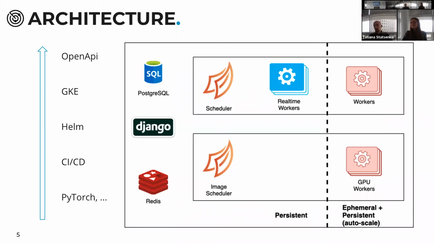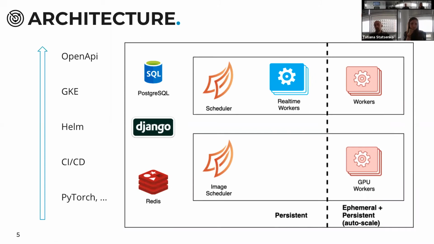And the main components are 2 node pools: for CPU workers we have 1 node pool, and for GPU another. In these node pools, we have fixed workers on non-ephemeral nodes.